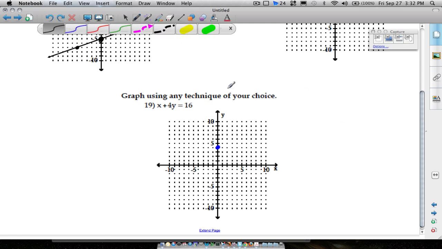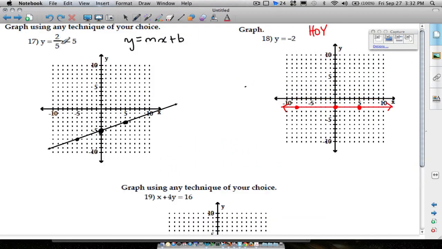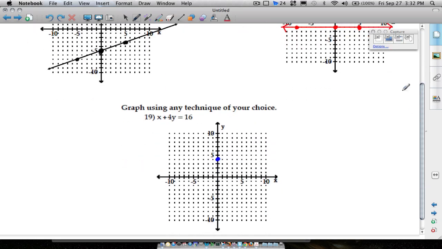Because watch what happens. Let's take the same approach we did up here. Let's get y by itself, except I know this equation that we did here, y was already by itself. But if we can do that down here, we can use that same technique of plotting the y-intercept and the slope. So therefore, we have x plus 4y is equal to 16. Subtracting x from both sides, we're trying to get y by itself.